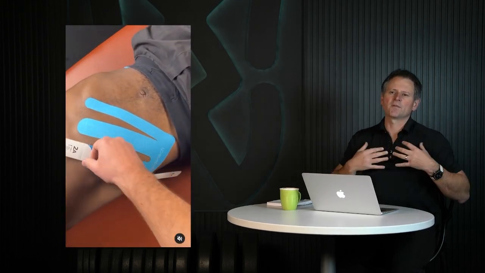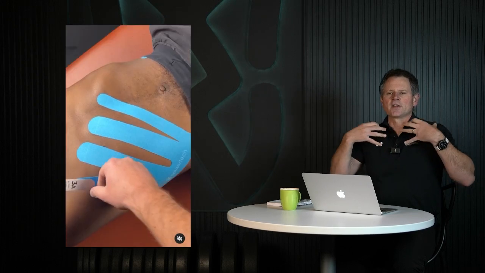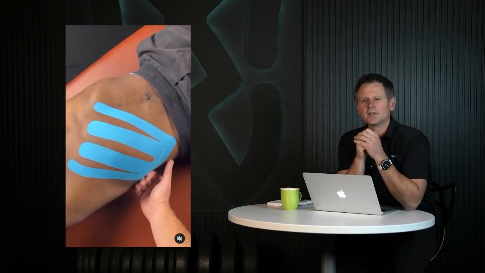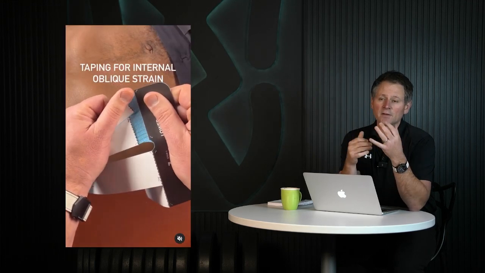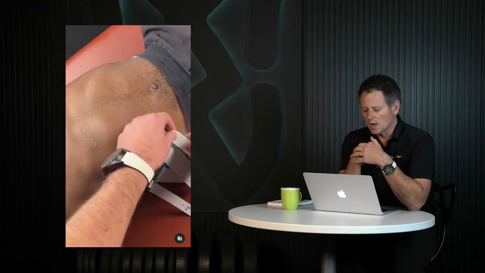If you're getting someone who's a chest breather and they're getting all tensed up through their scalenes, levator and upper traps, I would certainly think about adding tape through there as well after the treatment that you provide. And so this wouldn't be the only thing that I would do, but I think this gives you an idea.